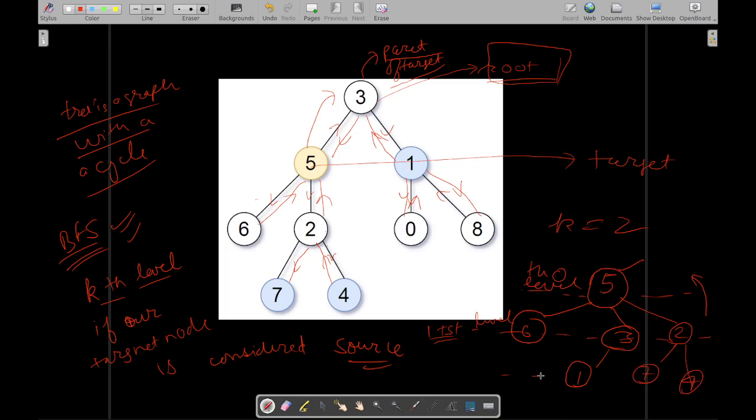So these all are at the second level, or you can say they are at k distance from 5, because you can see 6, 3, 2 are one distance apart from 5, and these nodes are two distance apart from 5.